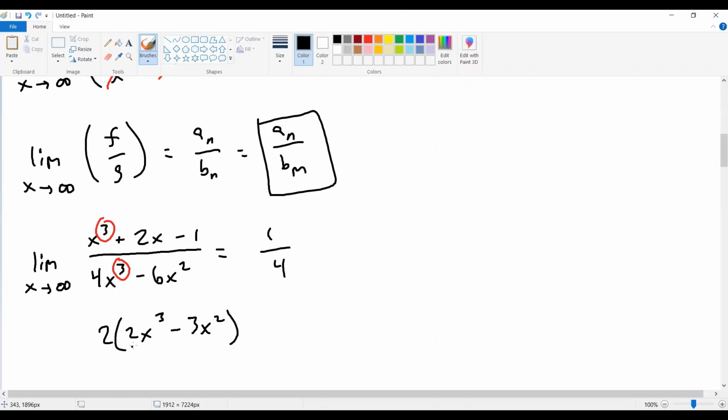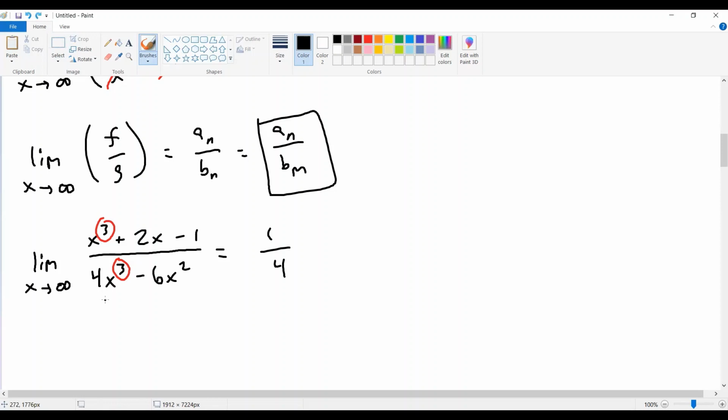But I wouldn't say that 2 is the true coefficient here of x cubed because I haven't distributed yet, if that makes sense. Yeah, it does. So that's why in this case the coefficient's 4. It's just whatever is standing next to the number.